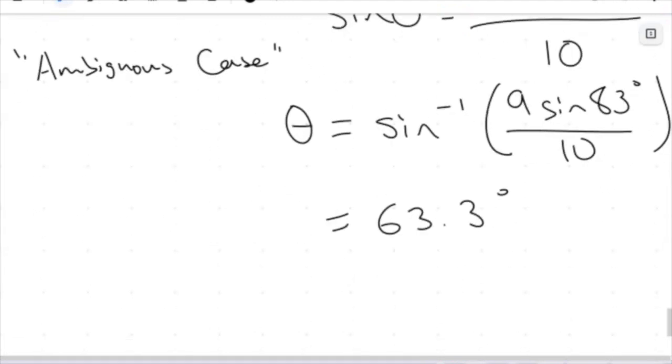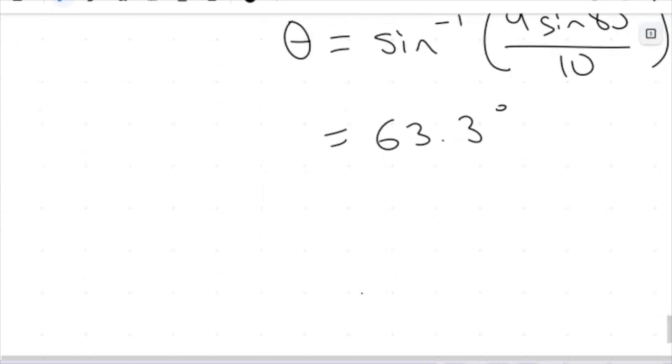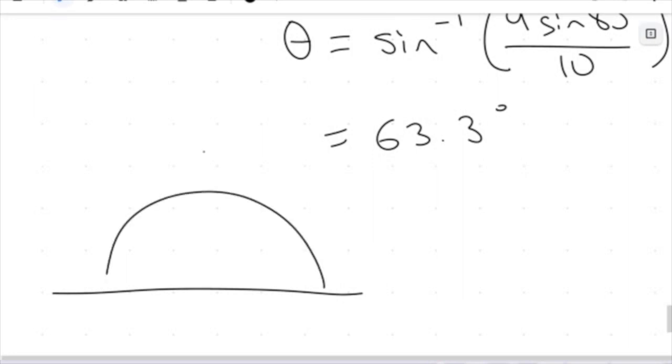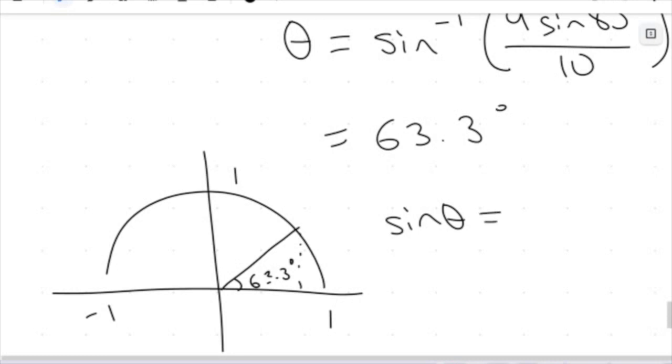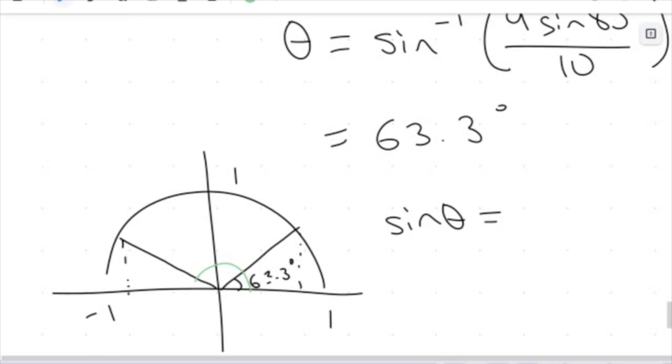Now, remember from our obtuse angle videos, when we looked at this unit circle, we said that the sine of some angle theta is also the same value as the sine of another angle, which is 180 minus theta. So the obtuse idea here.